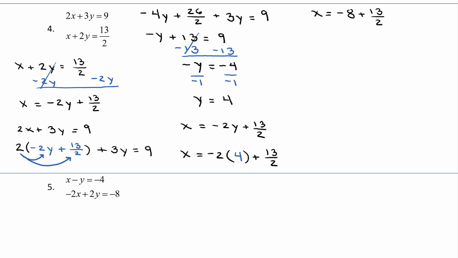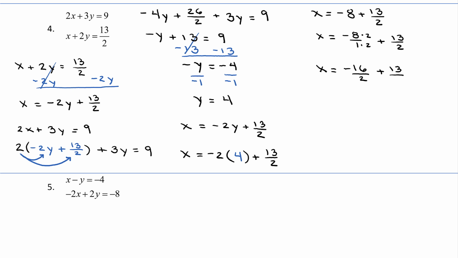So let's go ahead and find a common denominator here. I'm going to write that negative 8 over a 1, multiply by 2 to the numerator and denominator, so I can have a least common denominator of 2. That'll give me negative 16 halves plus 13 halves.